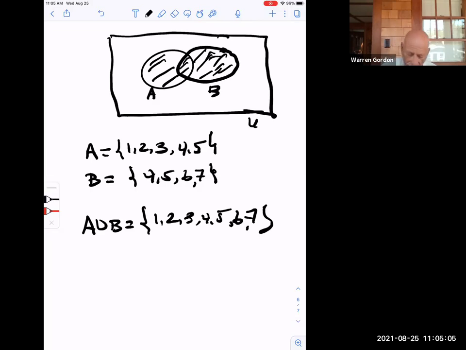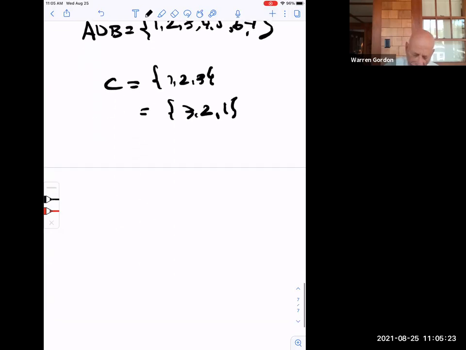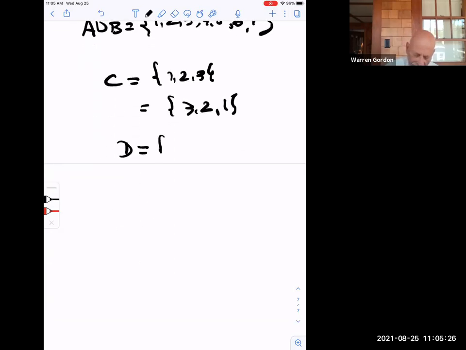And by the way, notice if I had a set C, which is 1, 2, 3, I could just as well have written it as 3, 2, 1. The order really doesn't matter. Normally, when you write the elements in a set, you want to do it in some logical way. And if D is the set 1, 1, 1, 1, this is really just a set which contains one element, 1.